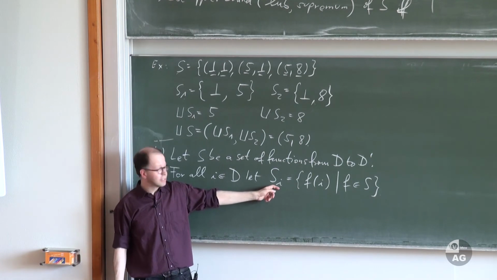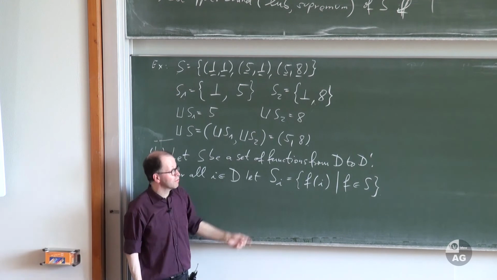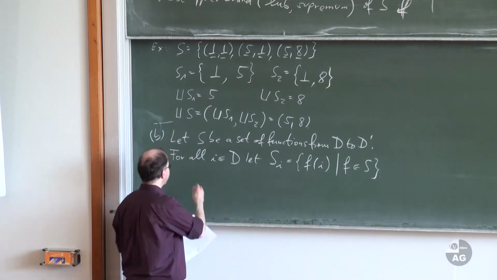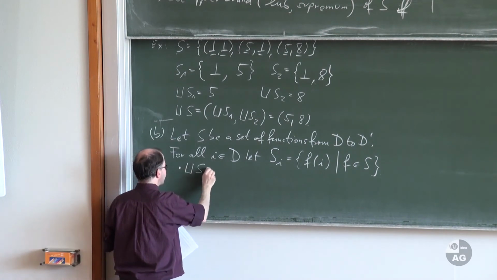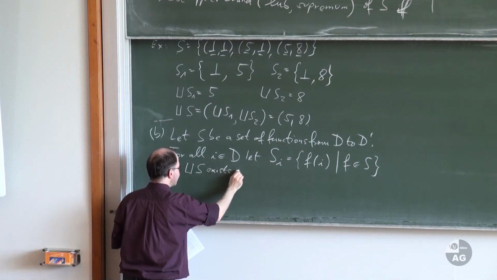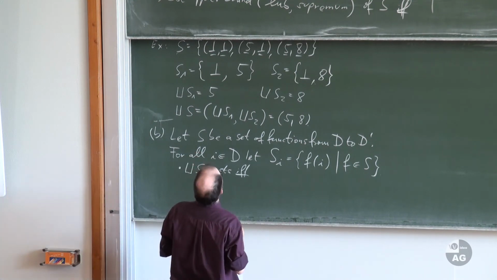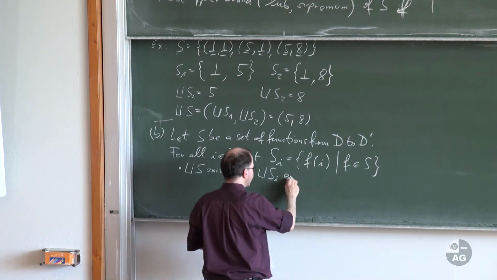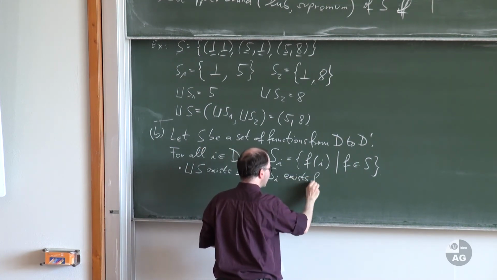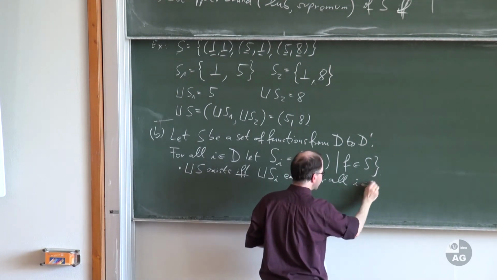And if they all exist, then we create the least upper bound for S by putting all of them together. So it says more or less the same as for A. The least upper bound of S exists if and only if the least upper bound of Si exists for all i from D.